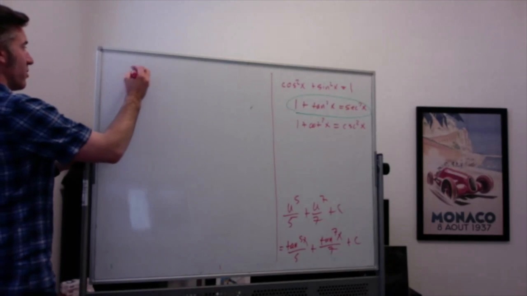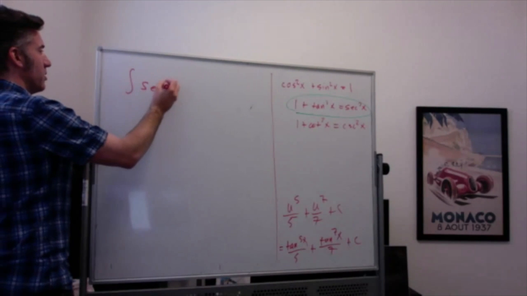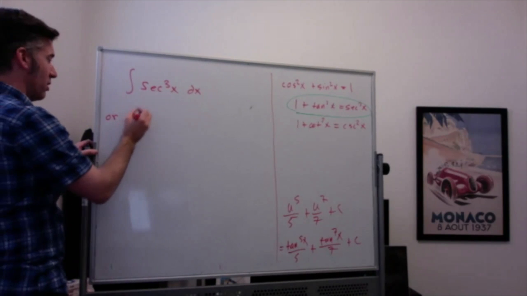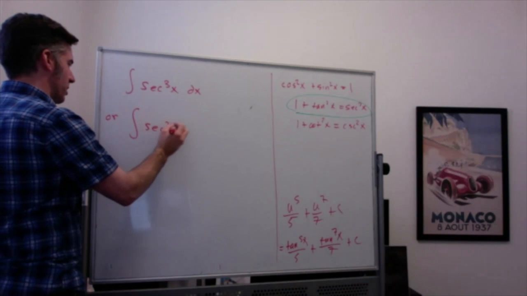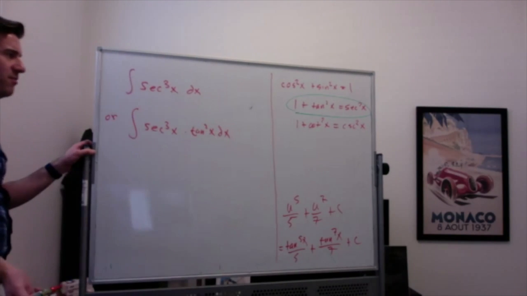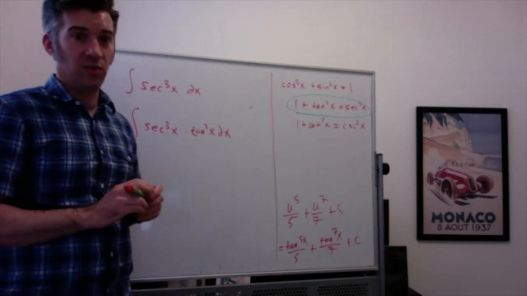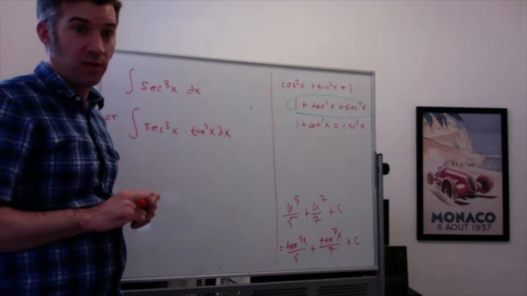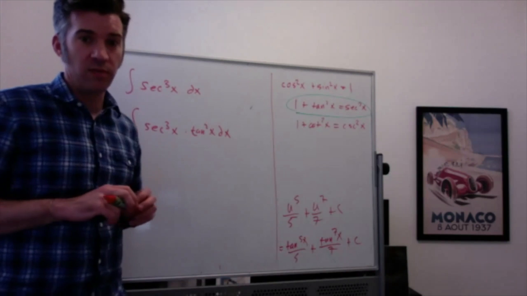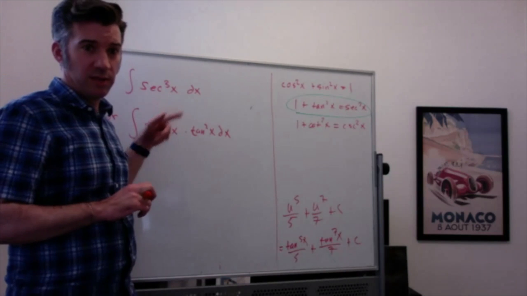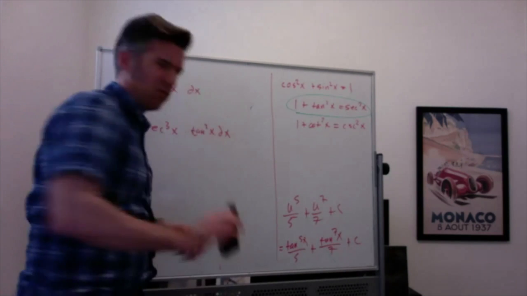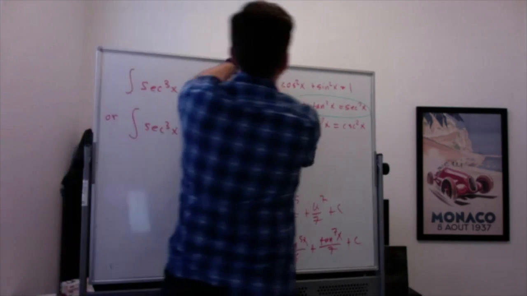So if you have like the integral of secant cubed x dx, or even grosser, the integral of secant cubed x times tangent squared x dx, that is a harder question to answer. We cannot do a u substitution for this problem. Maybe at the end of the day we'll talk about this because it actually is a problem that requires integration by parts. And I feel like we should use some more integration by parts before we go to that.